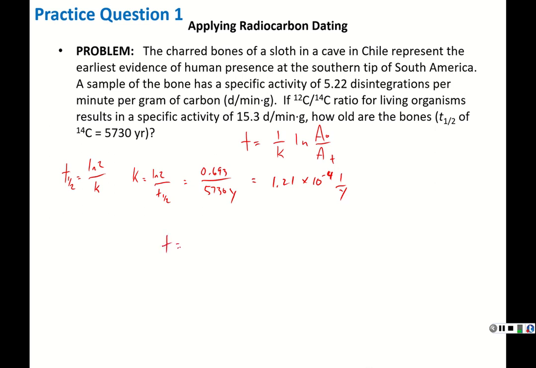Time is going to be equal to 1 over k, which is 1.21 times 10 to the minus 4 per year, times ln of activity, which is 15.3 at the start, disintegrations per minute per gram, and in the sample that we had, that was 5.22, so considerably less, disintegrations per minute per gram.